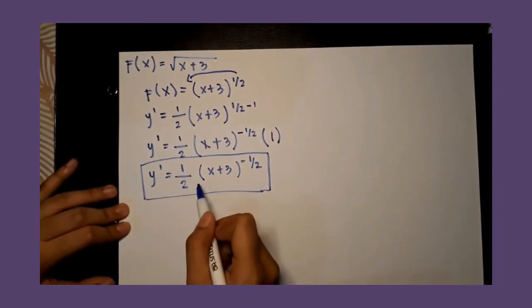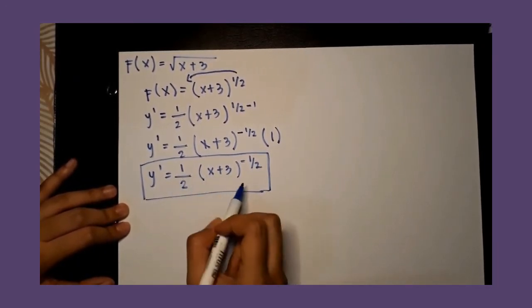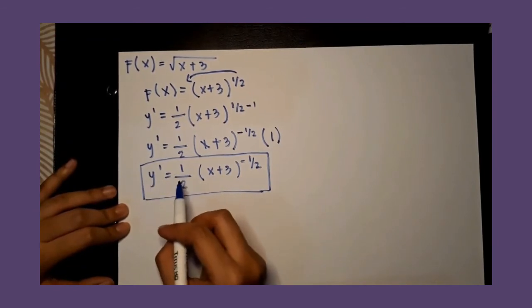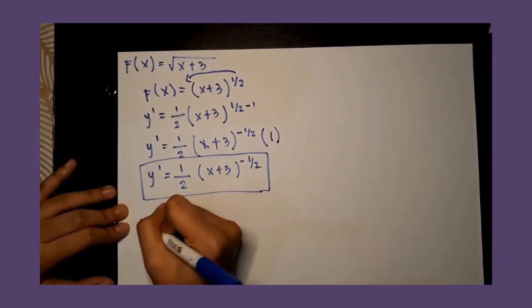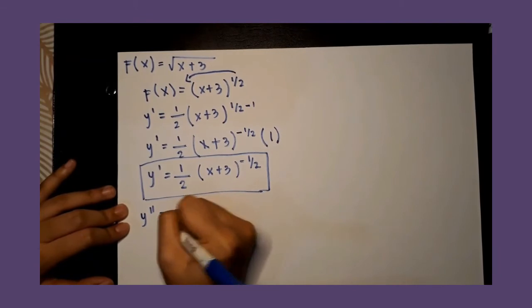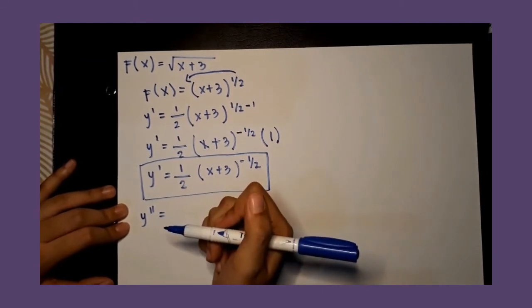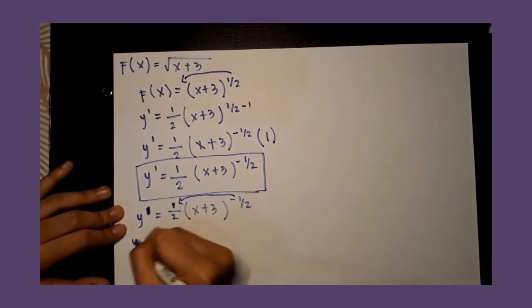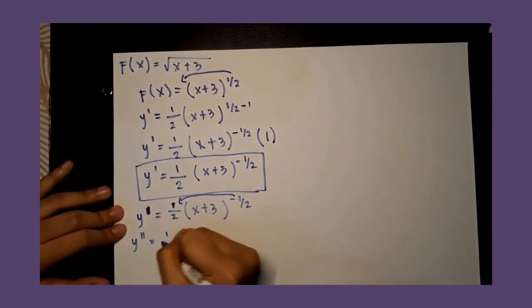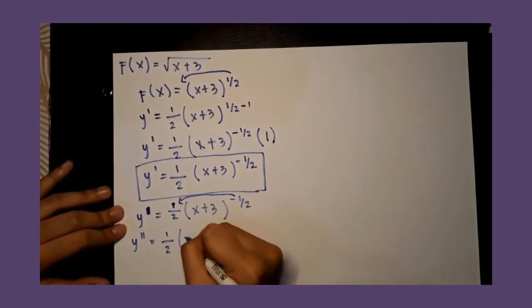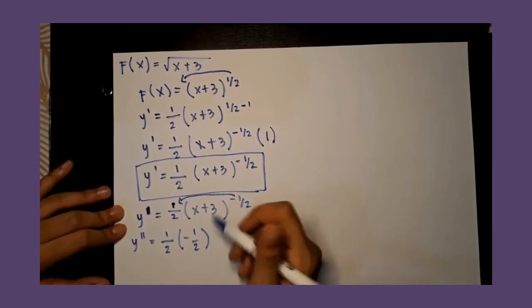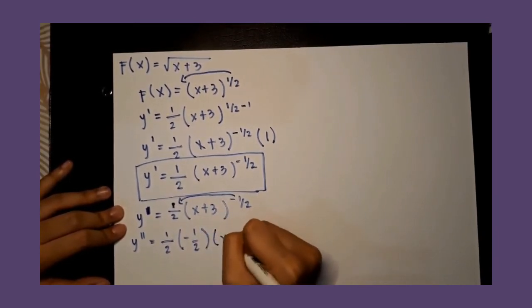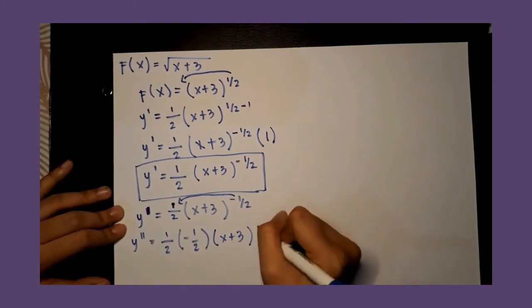Next, let's get the second derivative. Since our first derivative is y prime is equal to 1/2 times x plus 3 to the power of negative 1/2, let's multiply our exponent negative 1/2 to the other side. So we have y double prime is equal to 1/2 times negative 1/2 times x plus 3 to the power of negative 1/2.